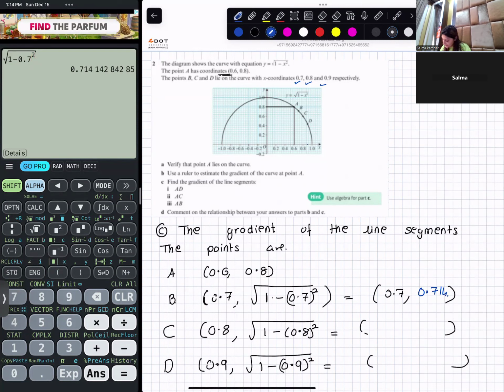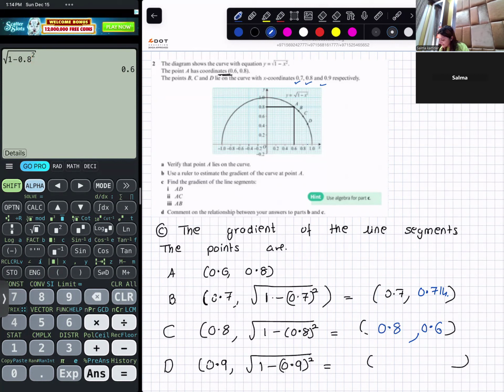Similarly, x coordinate of point C is 0.8 and y coordinate is going to be 0.6. For point D, x coordinate is 0.9 and the y coordinate, I'm going to substitute the value of x in this. So it is going to be 0.435.